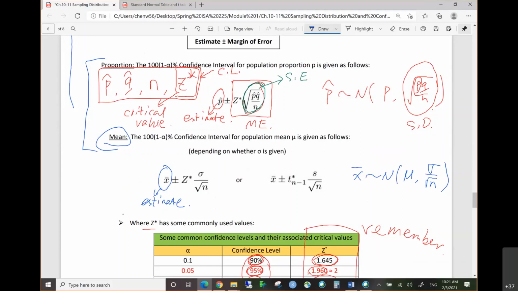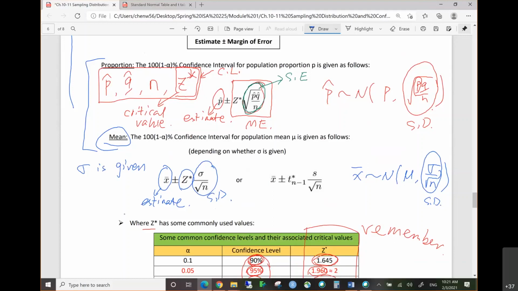This is the standard deviation of the sampling distribution of the mean. Then we use the z star times the standard deviation when sigma, the population standard deviation, is given. Then you will use this formula, the left formula.